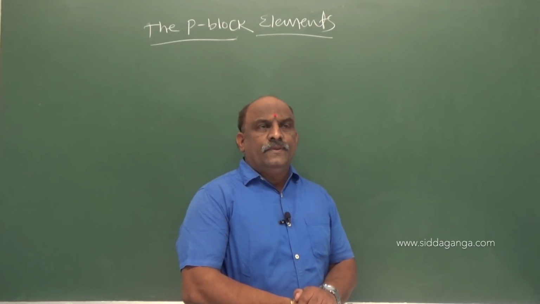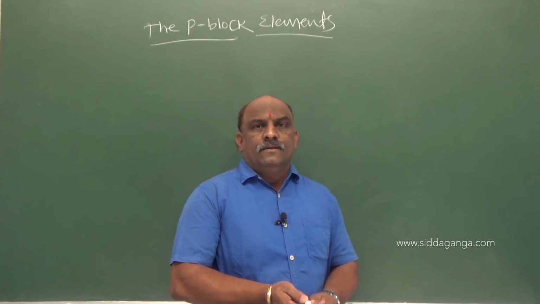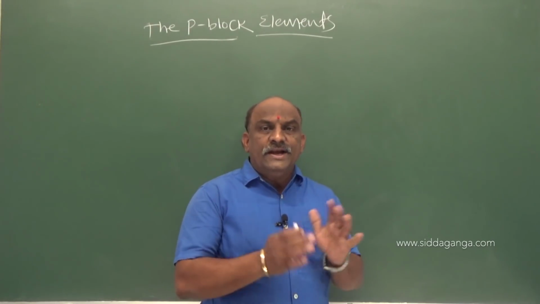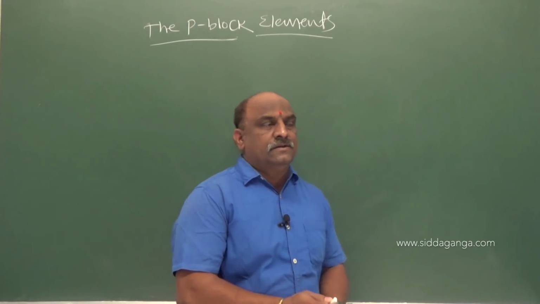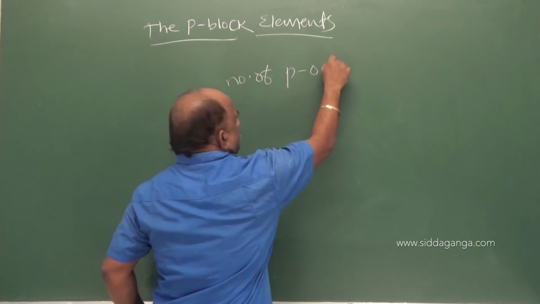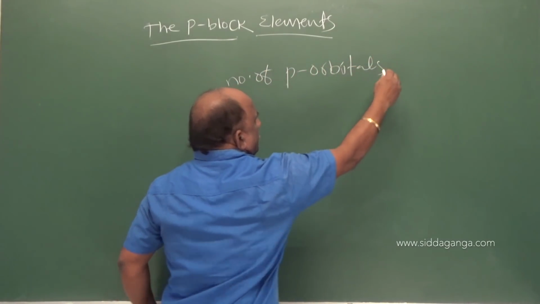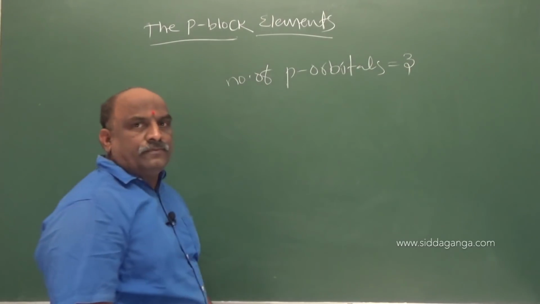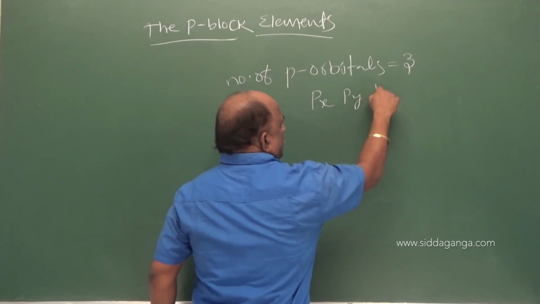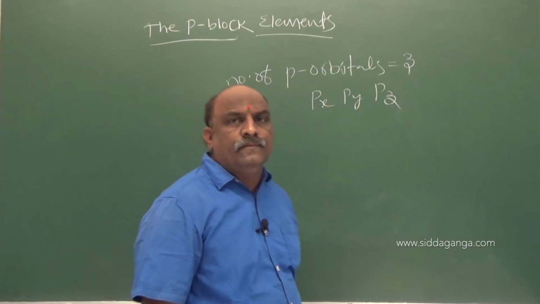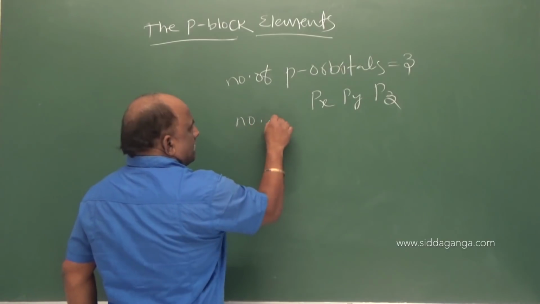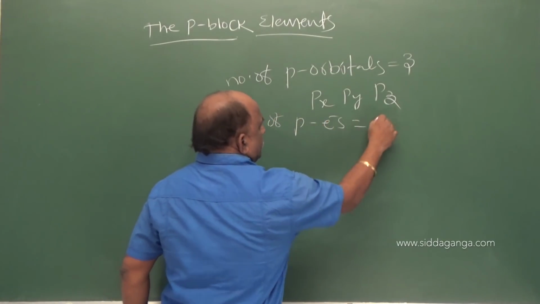The P block elements are divided into 6 groups because the number of p orbitals is equal to 3, that is px, py, pz, and the number of p electrons is equal to 6.